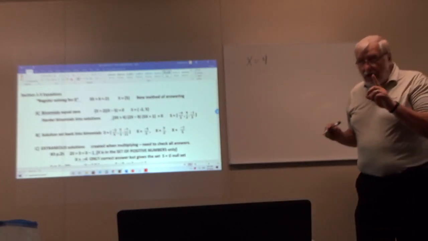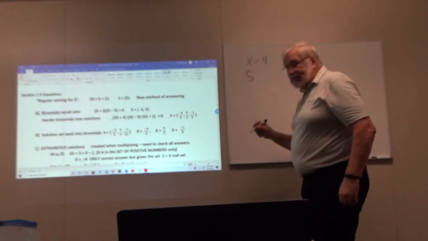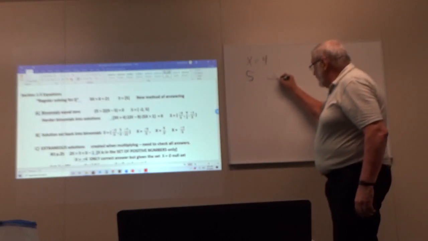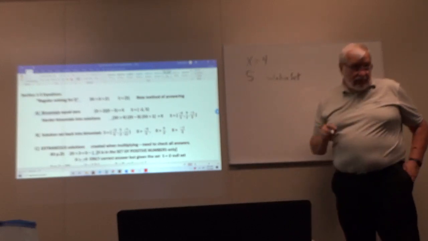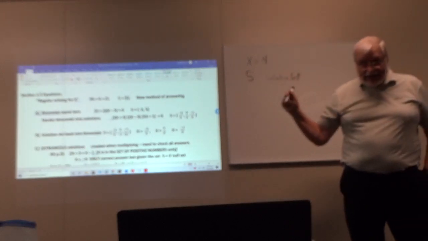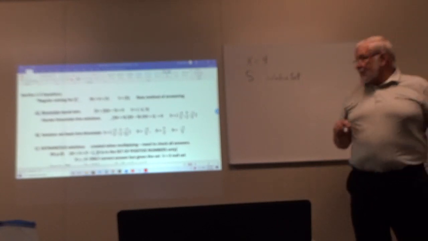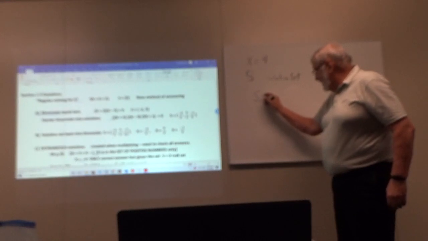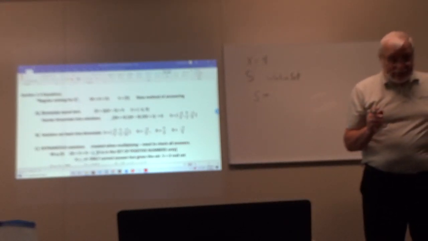From now on, we are going to use an S, which stands for the solution set. So you're not going to say x equals, you're going to start with an S for solution set. And so you're going to say the solution set equals, and then you're going to make a set.